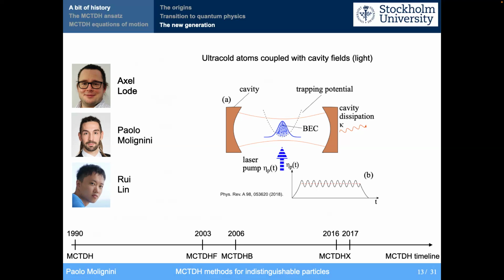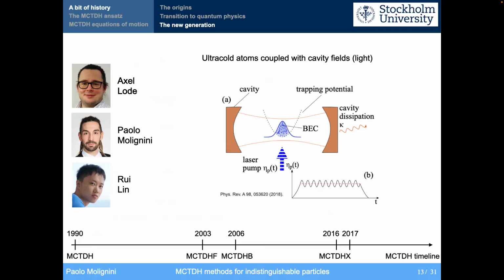So if you think about shining a light on this BEC, then there is some scattering process that occurs when the light scatters on the atoms. And then some of the light can be reflected into this cavity and can bounce back and forth. So this induces some effective long-range or even infinite-range interactions between the atoms that can lead to many interesting properties and novel fluids of light and matter that combine both the atomic and the photonic degree of freedom.